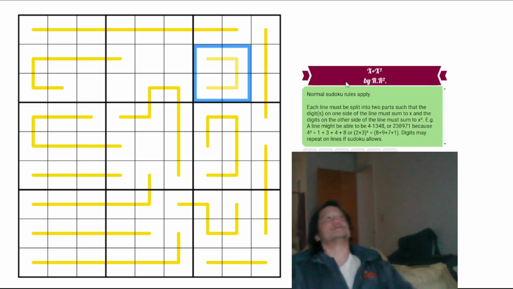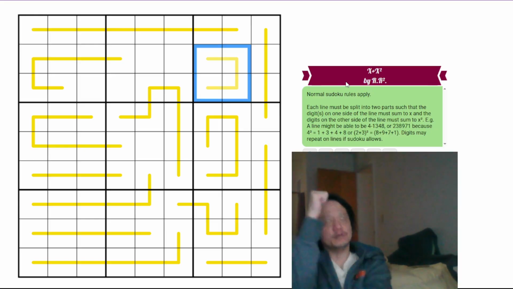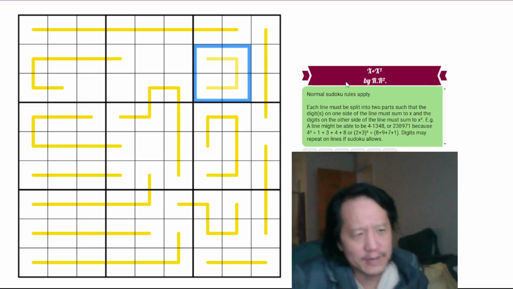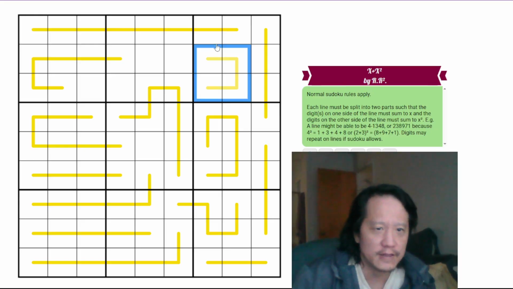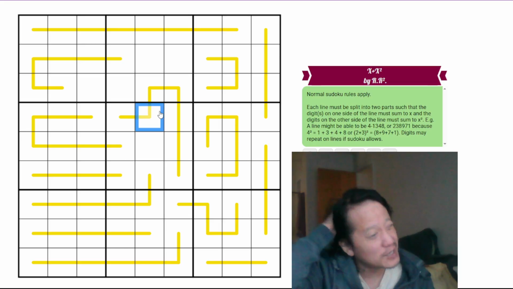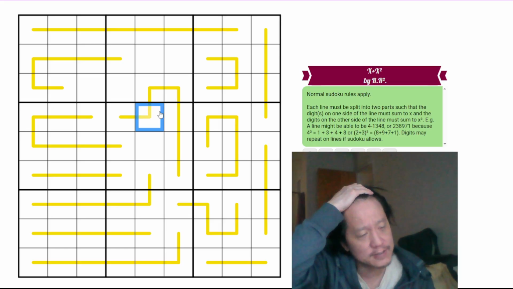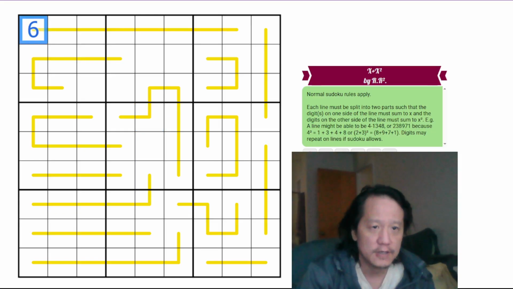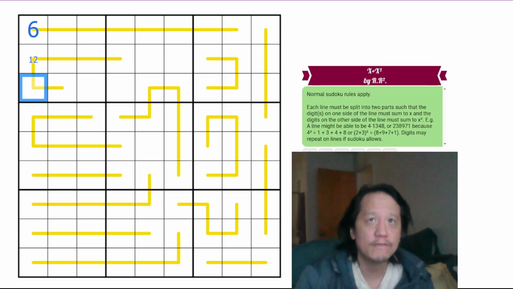So the sums of the lines are going to be either 1 times 2, which is 2, but that's impossible for any length of line. You could have 2 times 3, which is 6. 3 times 4 is 12. 4 times 5 is 20. And 5 times 6 is 30.